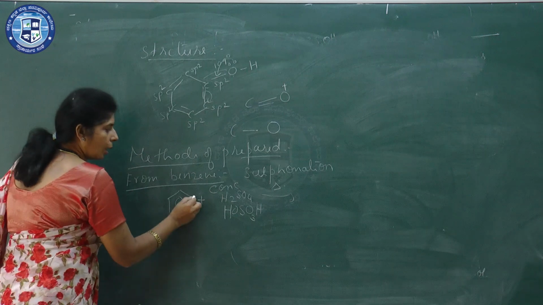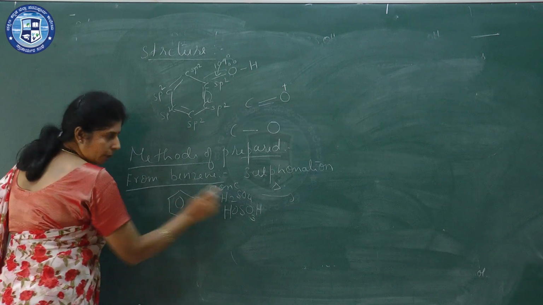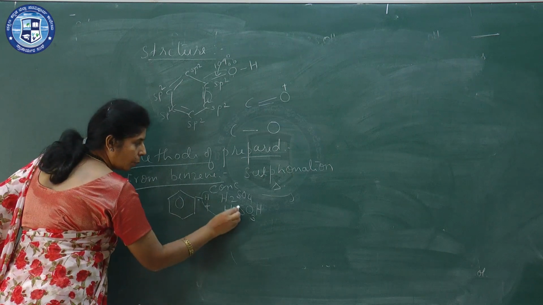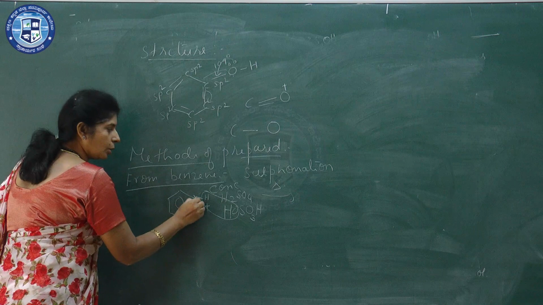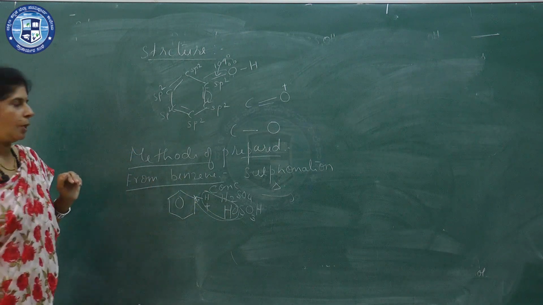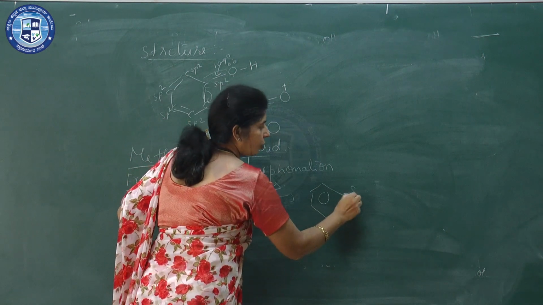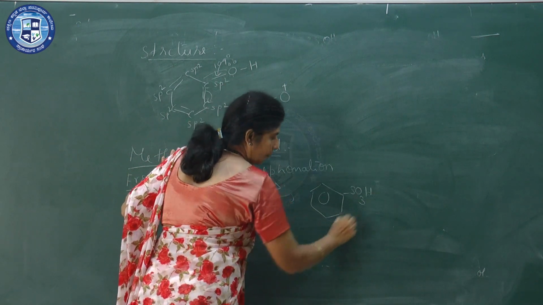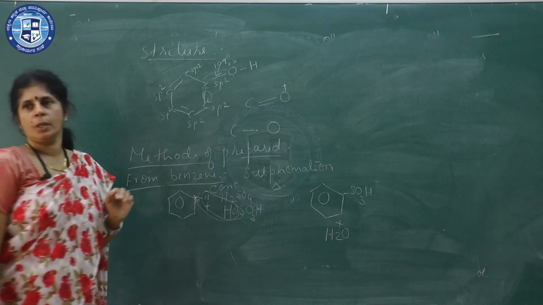So each carbon atom has hydrogen. Between the two, we are removing a molecule of water, right? Now this position is occupied by the SO3H group. That means you get benzene sulfonic acid, and water is obtained.